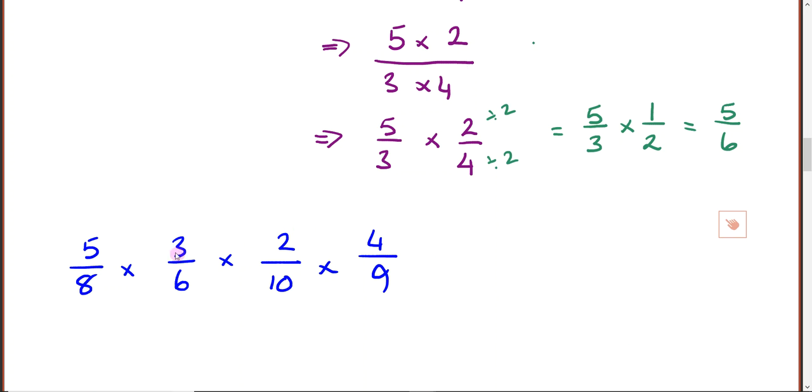So actually, my 3/6 could be immediately cancelled to 1/2. Okay. My 2/10 could be cancelled to 1/5. Okay. Anything else? Well, this fraction no. This fraction no. However, I could cancel the 4 and the 8 to 2 and 1. Okay. Is there anything else?